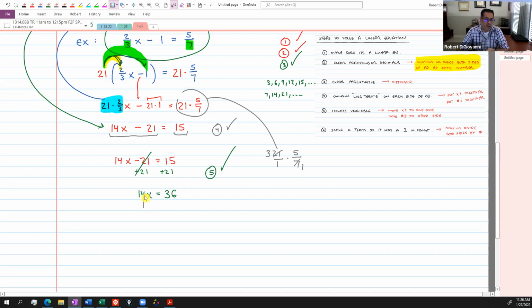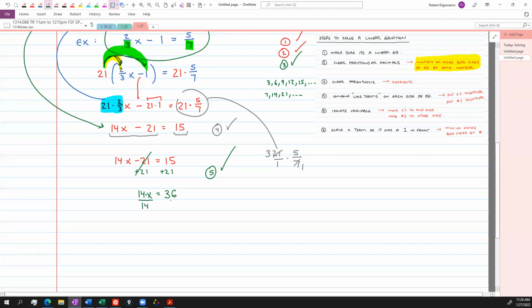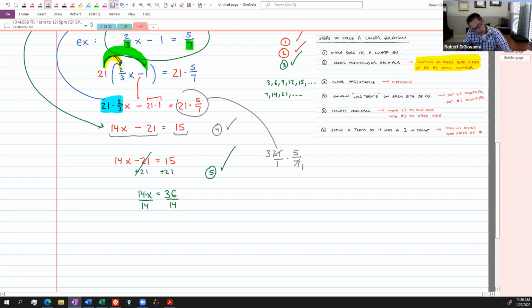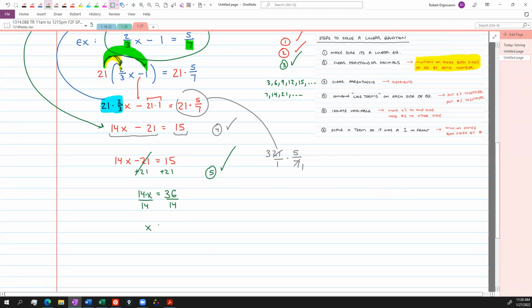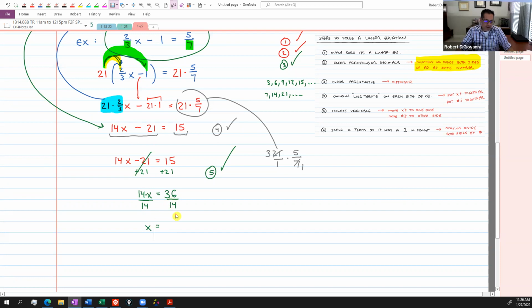So you want to get rid of that 14, and you have to undo the multiplication. So to undo the multiplication, you divide. So I'm going to divide both sides by 14. And then 14 divided by 14 gives you a 1, which is exactly what step 6 is saying. Get a 1 in front, right? So this gives me just x. And then on the right side, I don't want you to get on your calculator and do 36 divided by 14.